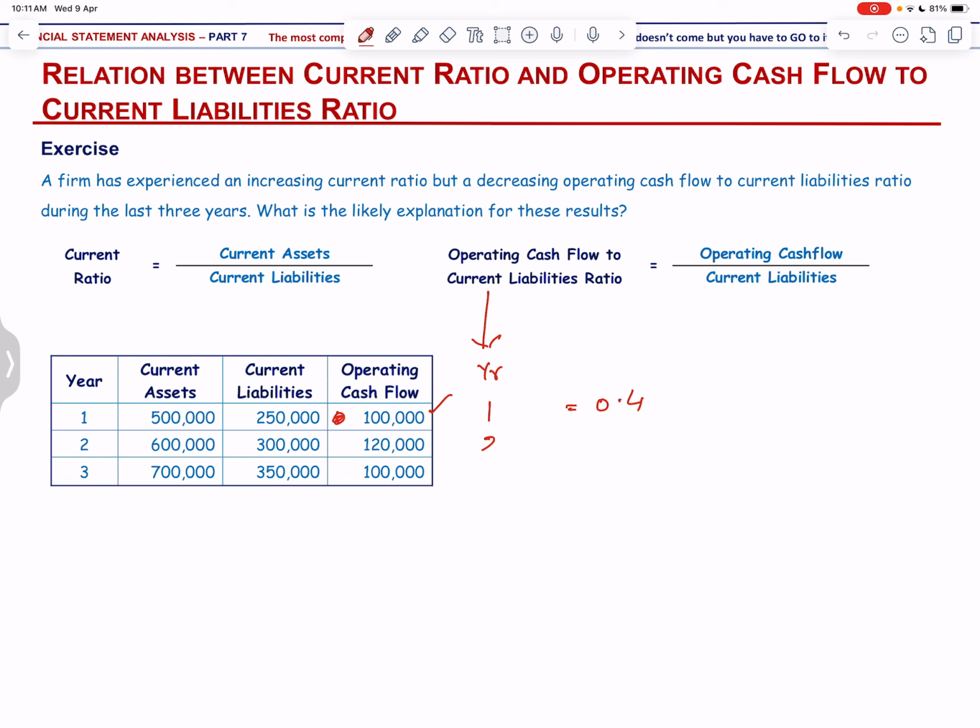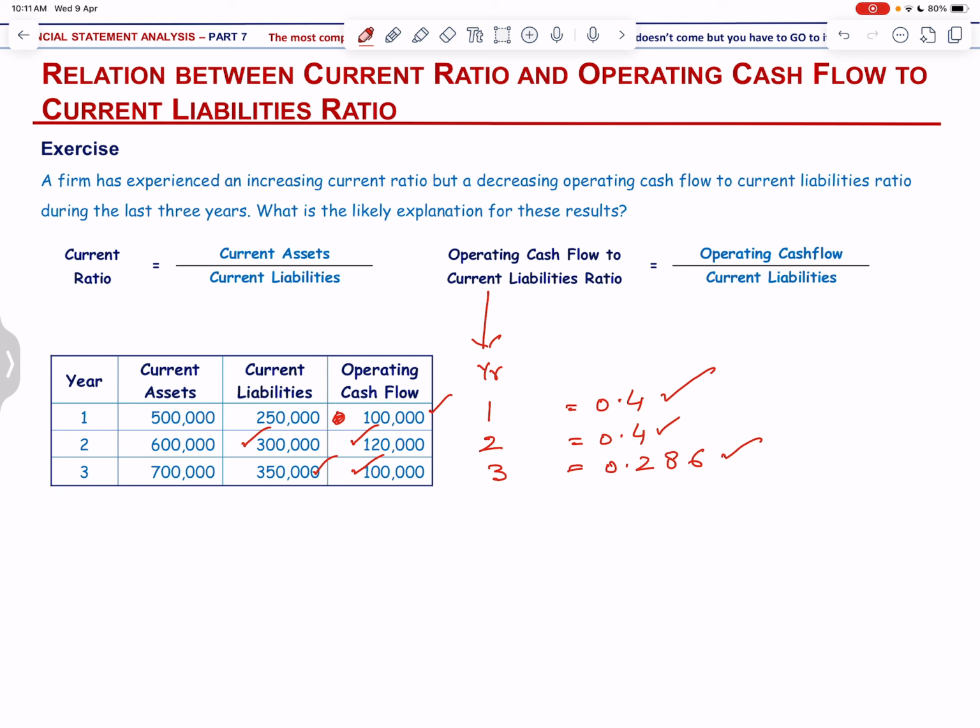For year number 2, it is 120 divided by 300, this is again 0.4. For year number 3, it is 100 divided by 350, that is equal to 0.286. So here we see that the operating cash flow to current liabilities ratio was 0.4 in year number 1, and year number 2 is the same, but in year number 3 it decreased to 0.286.